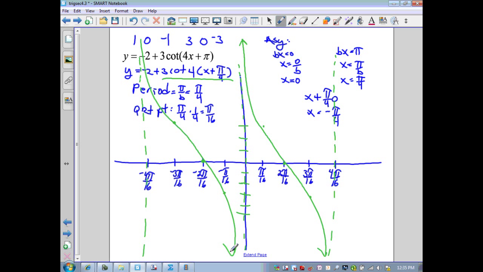Then what I need to do is create a vertical shift down 2 units because of this negative 2. Here, this unit is at 3. It drops 2 units to 1. 0 goes to a negative 2. And negative 3 goes to negative 5.